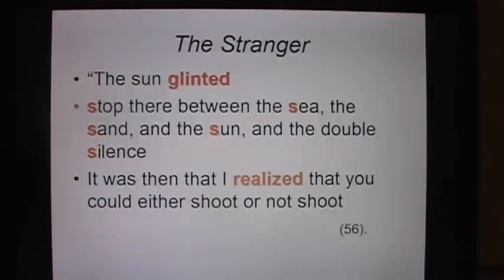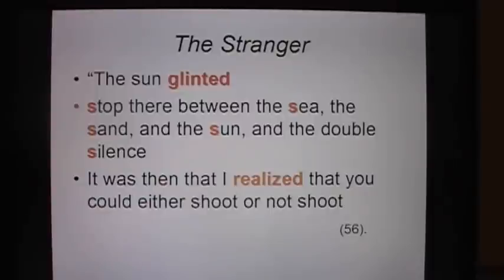Sun glinted shows how the sun is an image of society, and it foreshadows that the main character, Meursault, will soon have to face society within this passage. The next phrase has the alliteration of an S, just kind of emphasizing the importance of the sea and the sand and the sun.